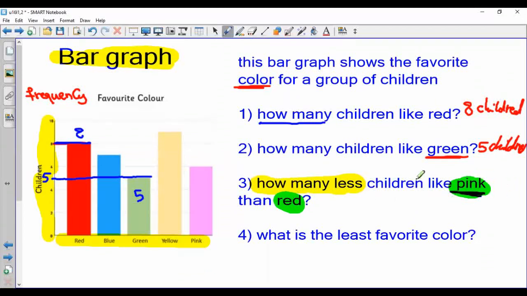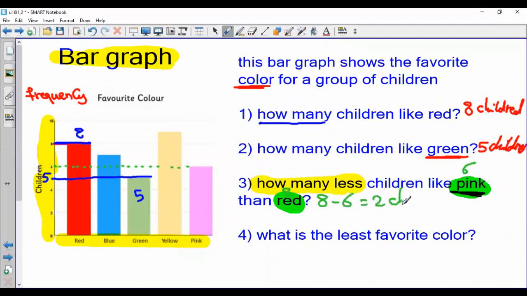First, let's find the frequency of pink color. Where is the pink bar? It is here. The height of the pink bar is exactly at 6. So the frequency of pink is 6. What about the red? I answered it before. It is 8. So what is the difference between them? I will make subtraction. 8 minus 6 equals 2.